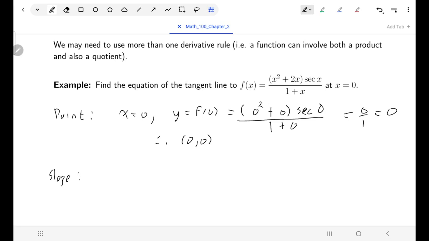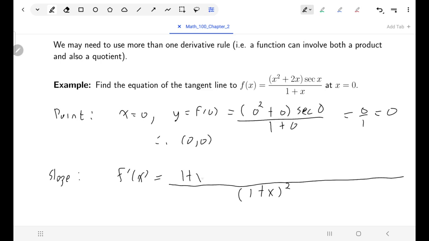So here I'm going to diagram things out. I won't do derivatives as I go when I do my quotient rule. I'll just diagram out the quotient rule first, which is for f of x, the derivative is the denominator squared in the bottom.